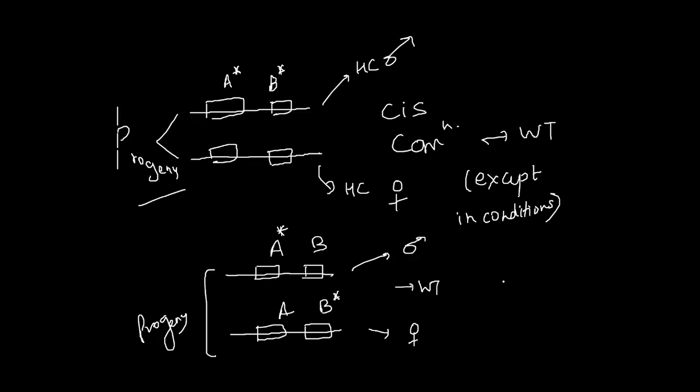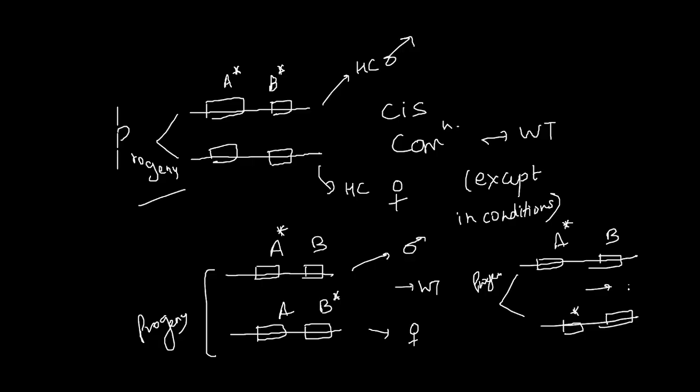But what happens in the case of trans complementation, if suppose there are two genes A and B, and the mutations are present on the different chromosomes but on the same gene? Then in that case this is going to be the mutant phenotype because the A gene is defective in both the chromosomes.